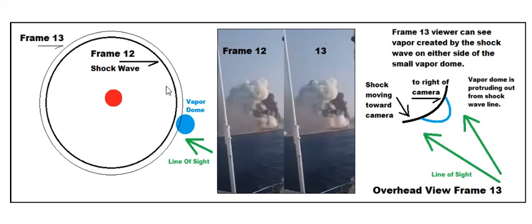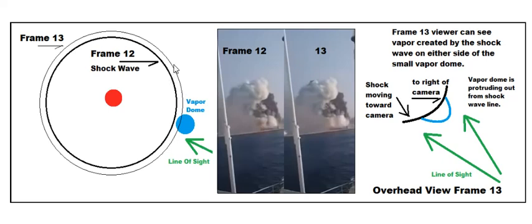And very shortly thereafter, that vapor evaporates again. It disappears. So the vapor that's forming is right behind the shock wave, and then it disappears.